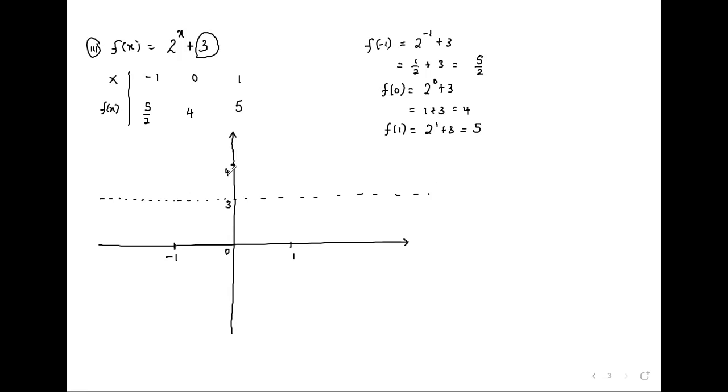Okay, so I can use now my values. When I have -1, I got 5/2. So 5/2 is a 3 point something. It's somewhere here. And then for 1 we got 5. Up there. So your graph is going to be going like this. So it's going to be like that. So all I need to know is that the added number is always the asymptote.